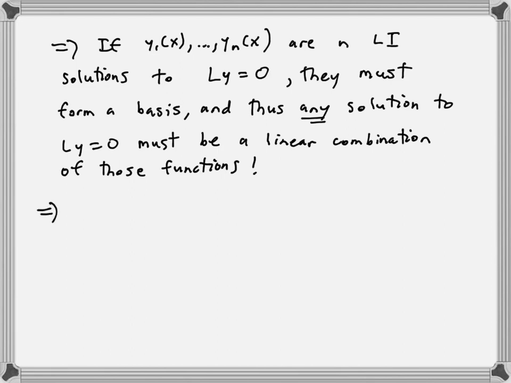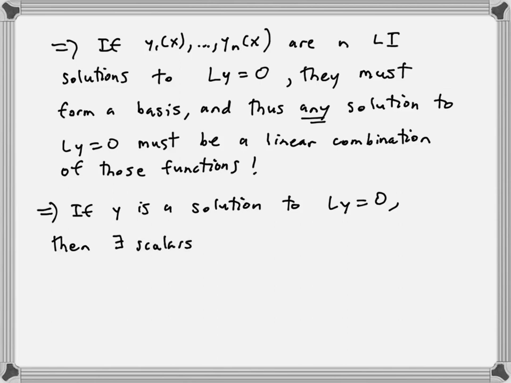Another way to restate this is if y is a solution to Ly equals 0, then since it's a linear combination, that means there exists scalars C1 to Cn such that y must be a linear combination of those functions above.